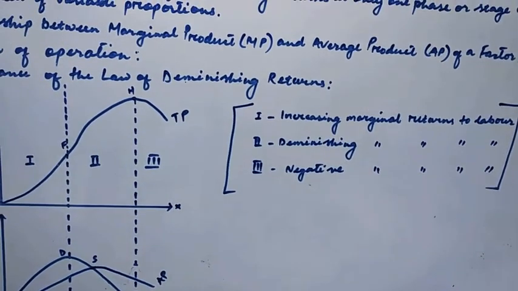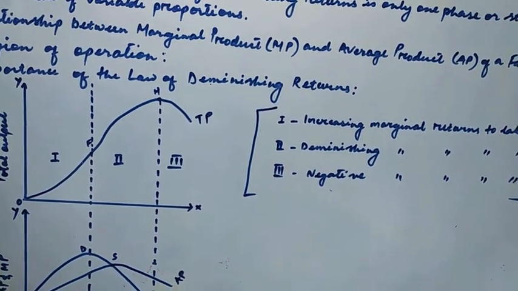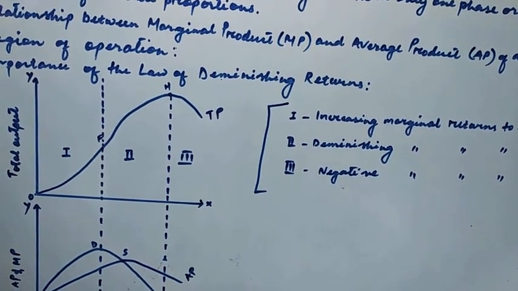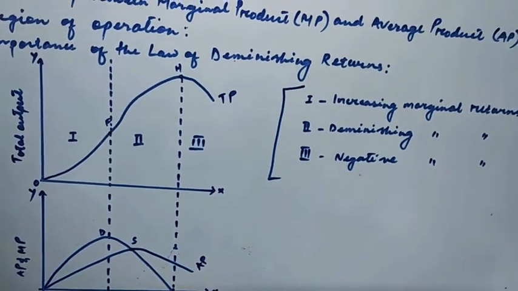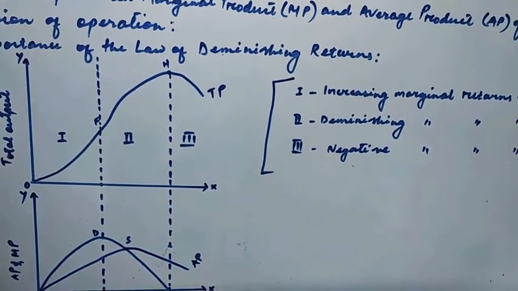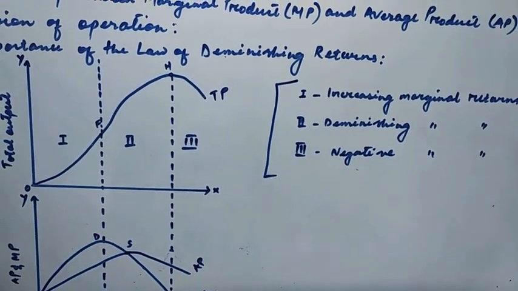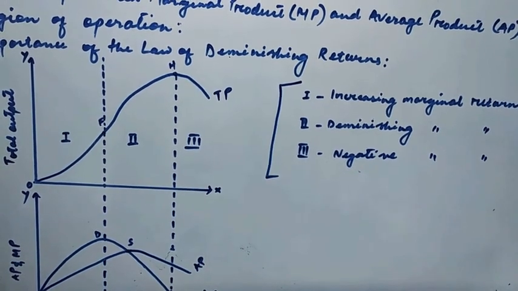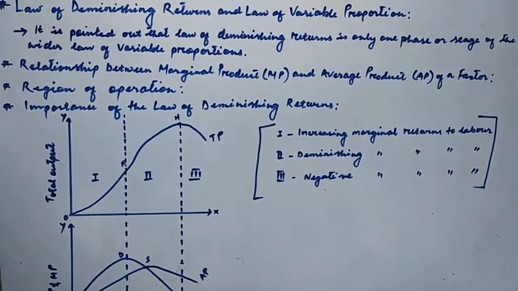So we can conclude that we can suspend or get rid of the operation of diminishing returns by continuously improving the techniques of production through progress in science and technology, especially in developing countries. So that is the significance or importance of the law of diminishing returns.